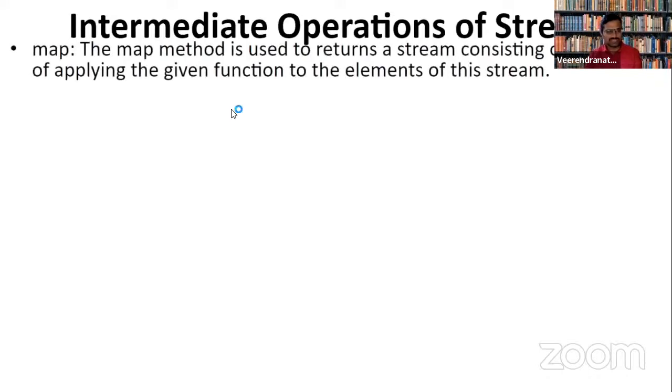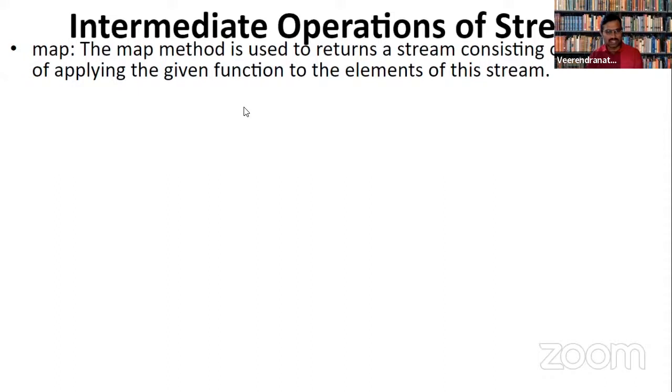The first method under the pipelining methods of intermediate operation is map. Whenever I come across map, I say that mapping is nothing but mapping one element to another, or mapping an element to an operation.